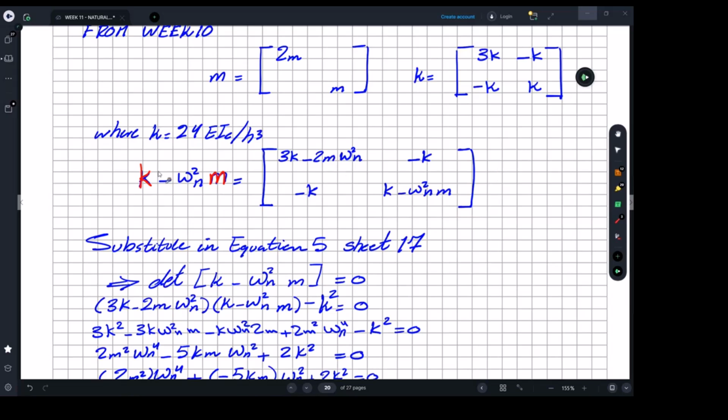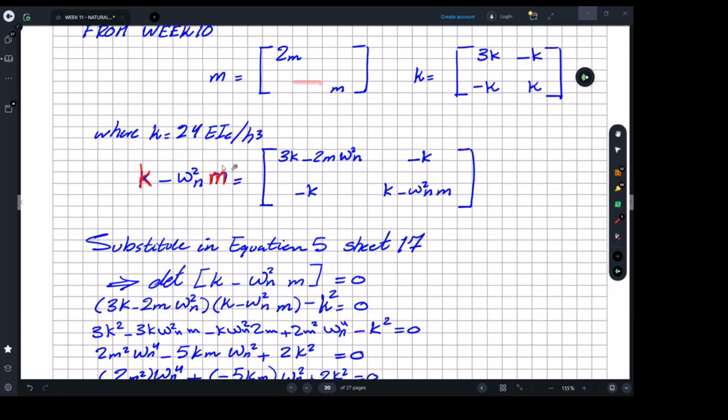How do we do this? To find the first part of the couple, it is 3k, which is this value. So you basically just need to algebraically consider these two properties together. So it's 3k minus 2m omega square. So that's what we have here. If we go to this part of the matrix, as you can see here, it's going to be negative k and nothing coming from the mass.